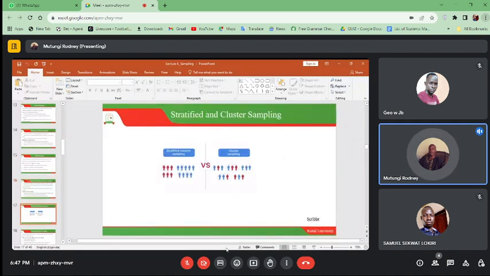So as you can see from this infographic or illustration, we have the difference between stratified and then random sampling.